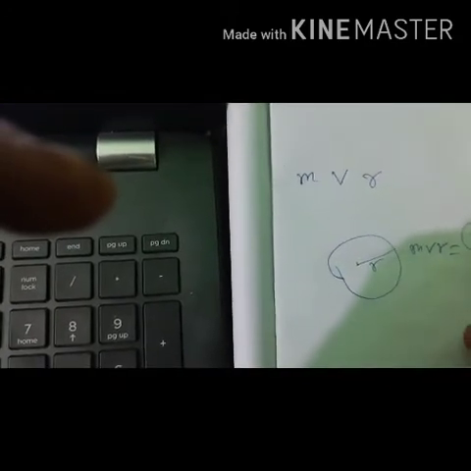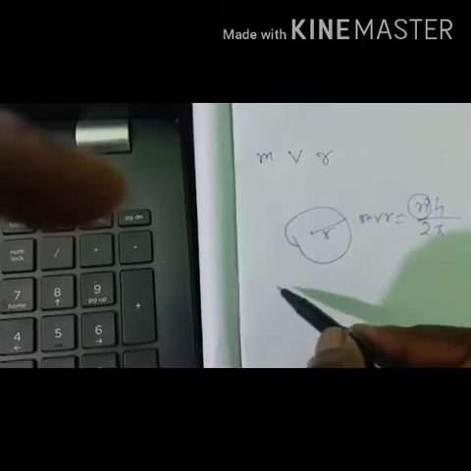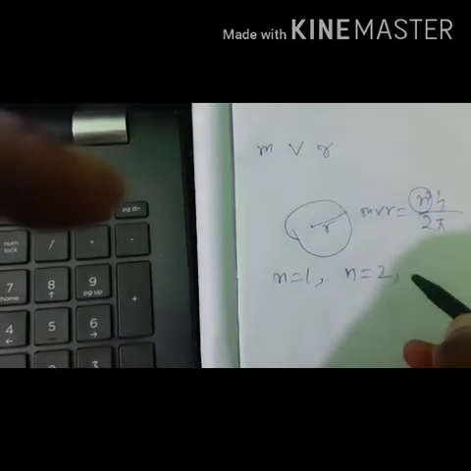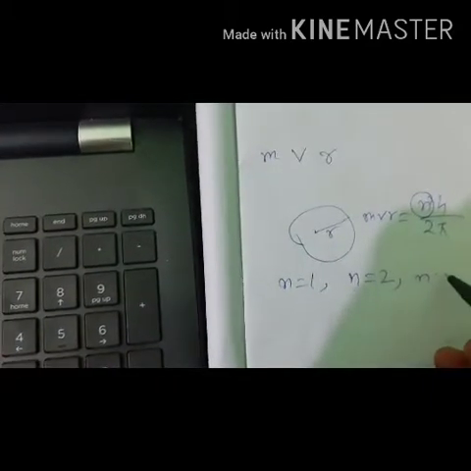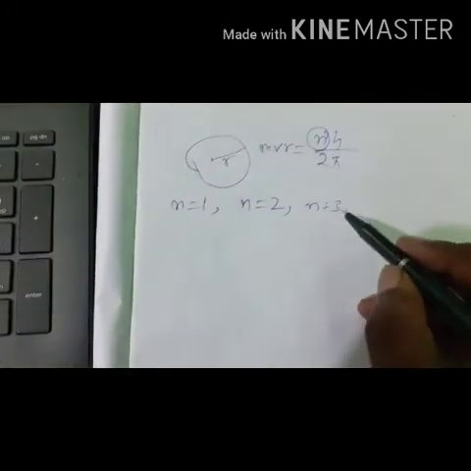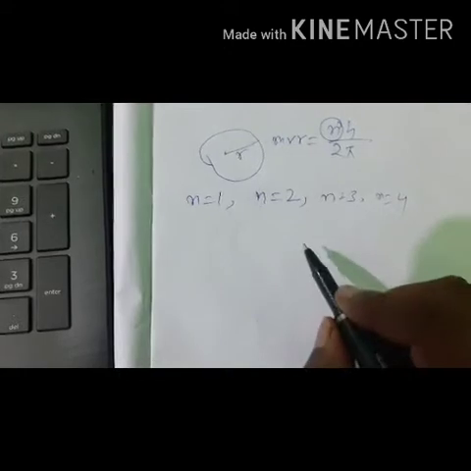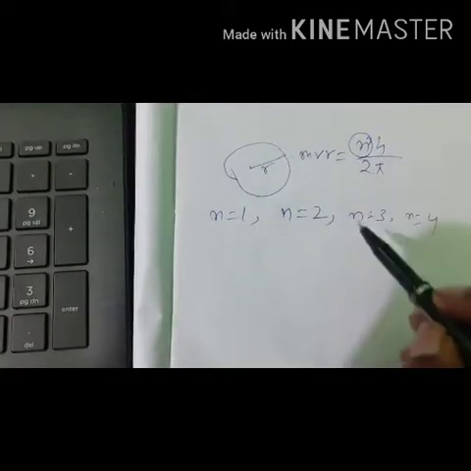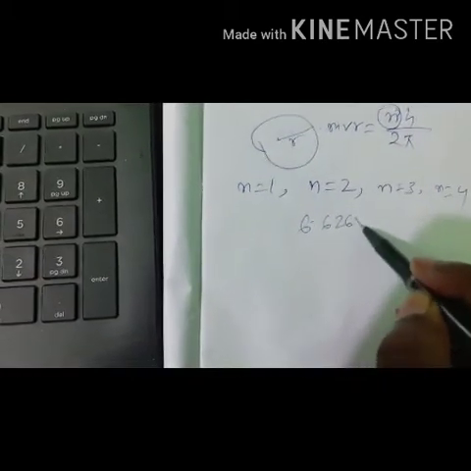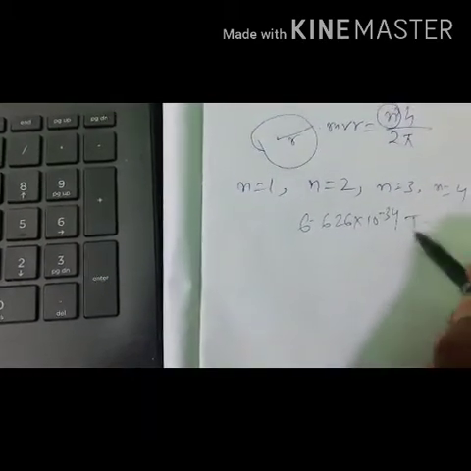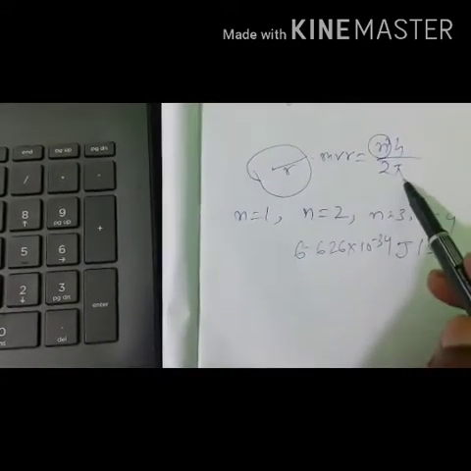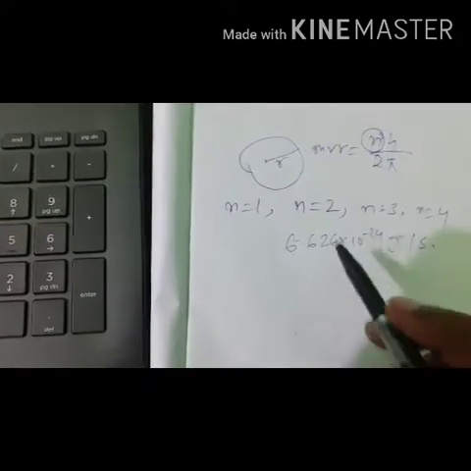So what is this n? n is an integer which gives the orbit number. n equal to 1 means the first orbit, n equal to 2 means the second orbit, n equal to 3 means the third orbit, n equal to 4 means the fourth orbit, etc. And h is the Planck constant, which has the value 6.626 into 10 to the power minus 34 joule second. And pi has the value 3.14, that all of you know.